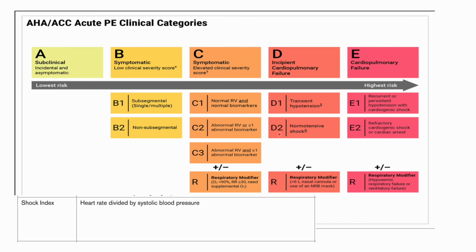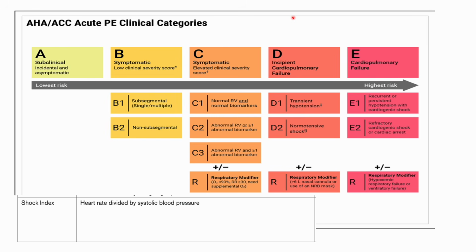These subcategorizations are trying to differentiate the cardiovascular and pulmonary compromise. So category D1 will identify somebody who has transient or recurrent hypotension, which can be relative to what the patient presented with, which may be short lived, which responds well to volume expansion, and is not accompanied by reduced perfusion or signs of end organ dysfunction.